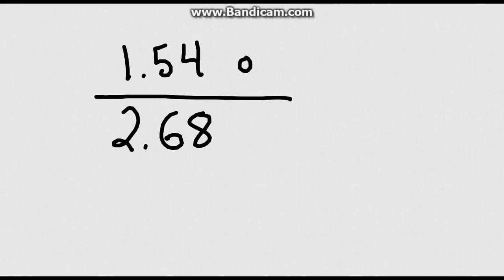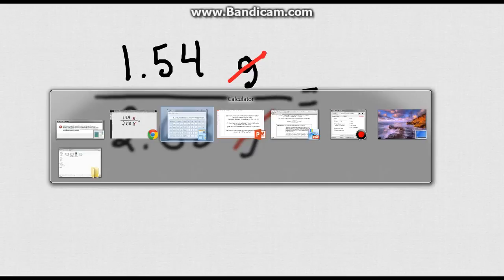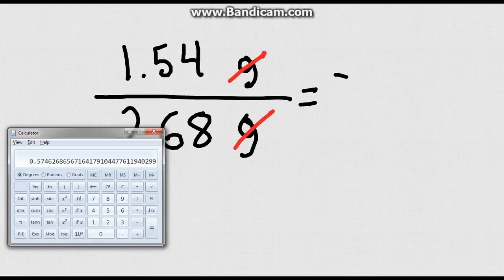And don't forget your units. In this case they just cancel out, so we are left with a percent, which is going to be 1.54 divided by 2.68, so that is about a yield of 0.57, which we know is 57.5%.